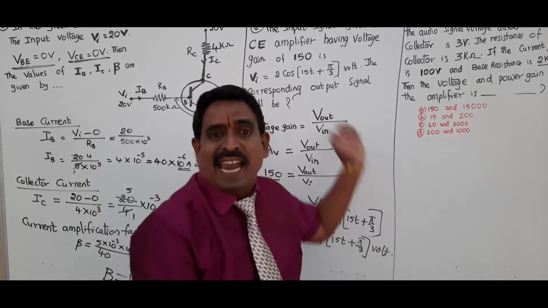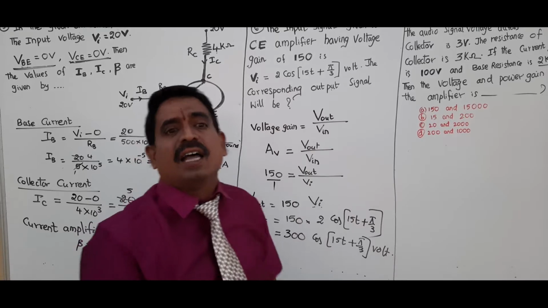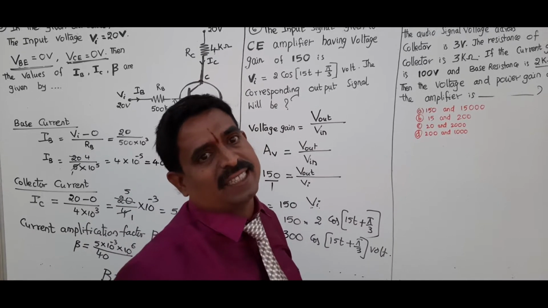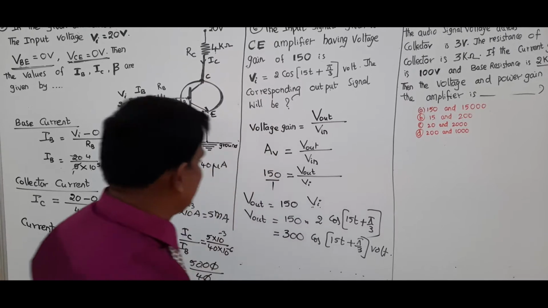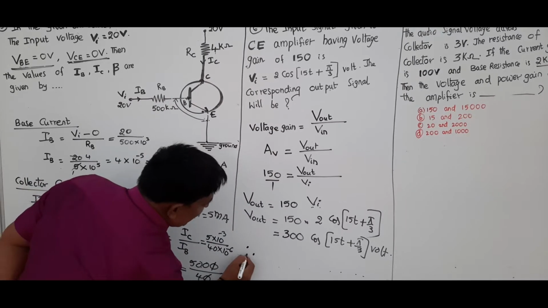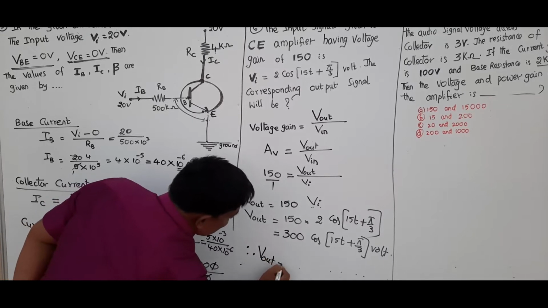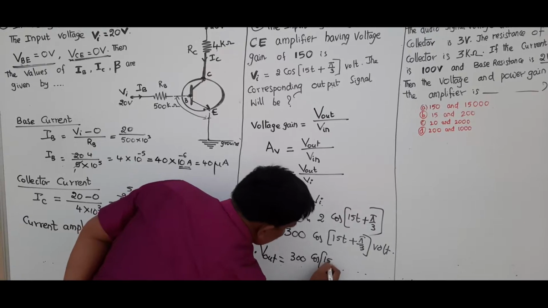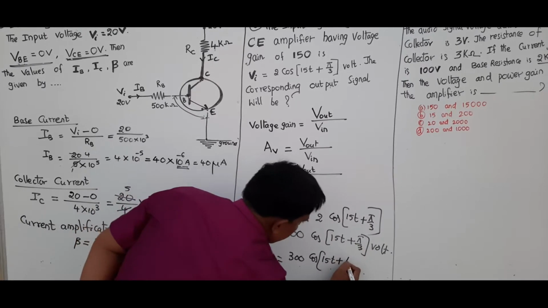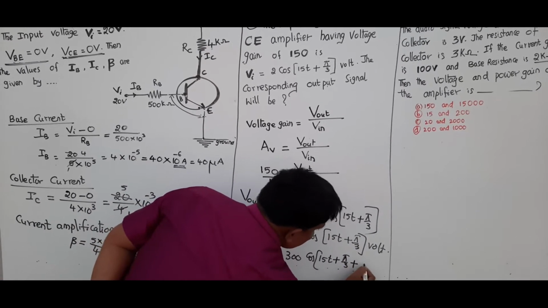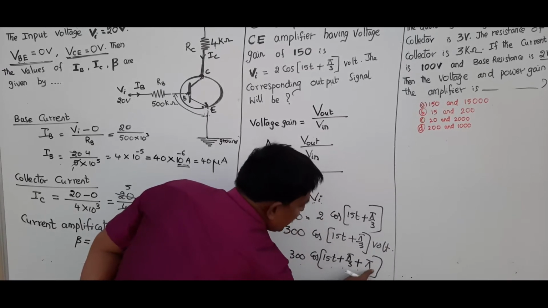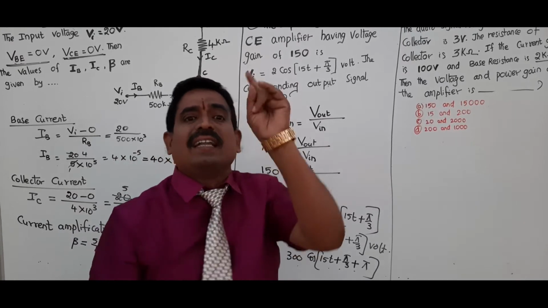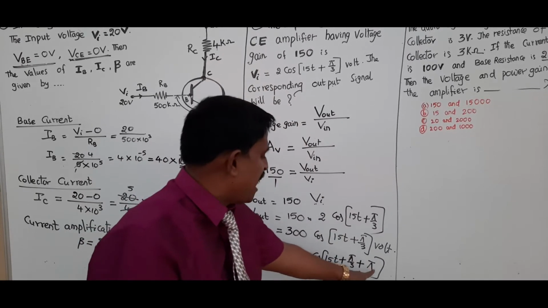The reason is, in a common emitter amplifier, the output signal differs by a phase difference of 180 degrees or pi radians. Now the answer is output voltage equals 300 cos of 15t plus pi by 3 plus pi. Why I am writing this extra pi is because in a common emitter amplifier there is a phase difference of pi radians.